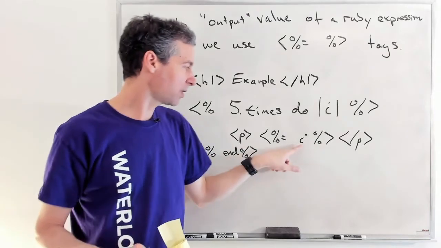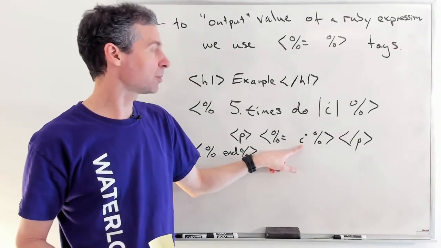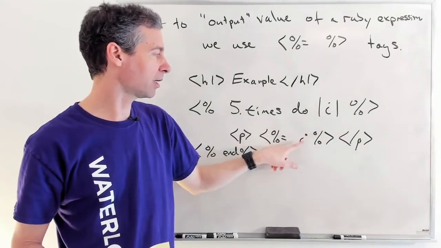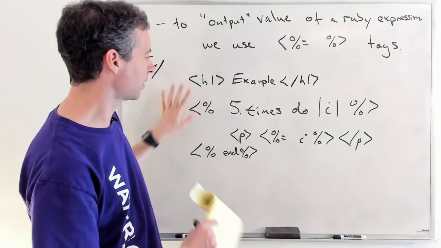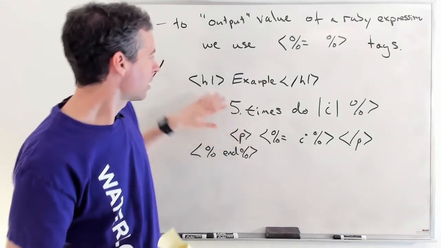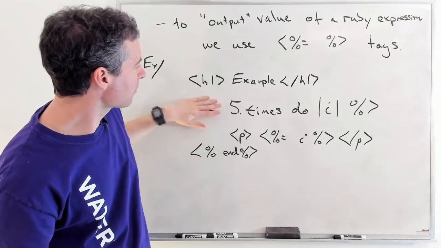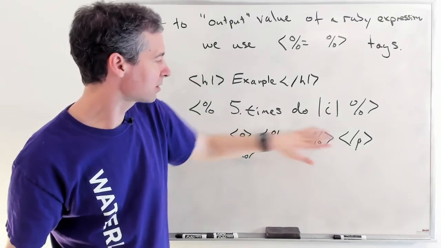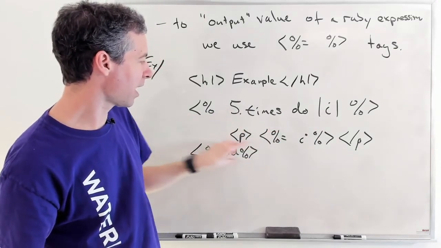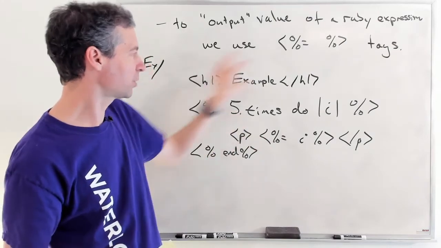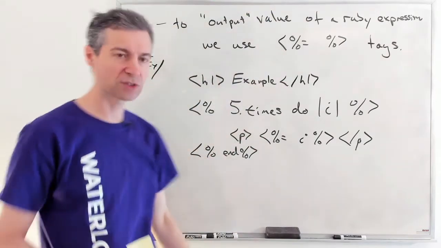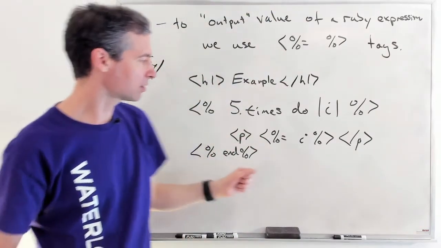But inside of here, I have this Ruby expression, this variable I, and it's kind of like everywhere with these tags is code, and everywhere without the tags, it's like it had been wrapped in print statements. And then you've got this big script that you're running in the view.